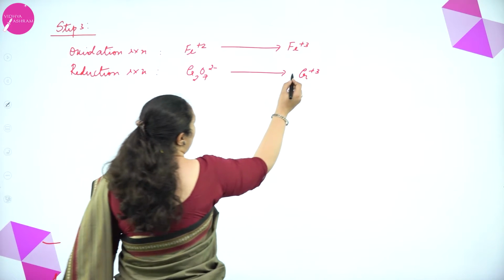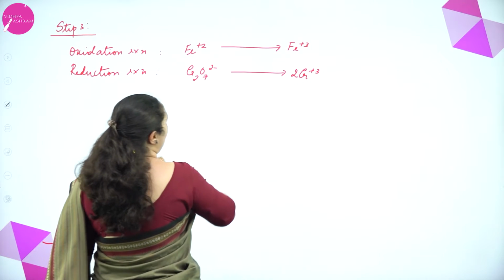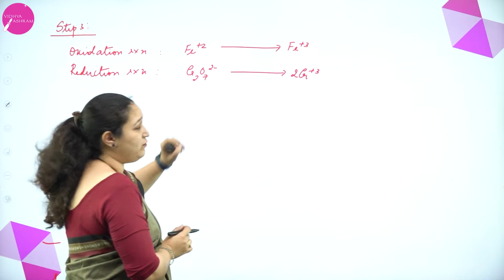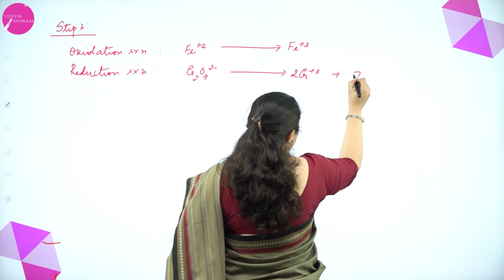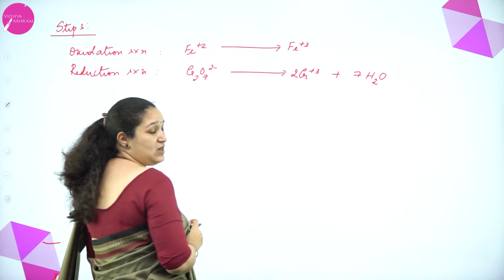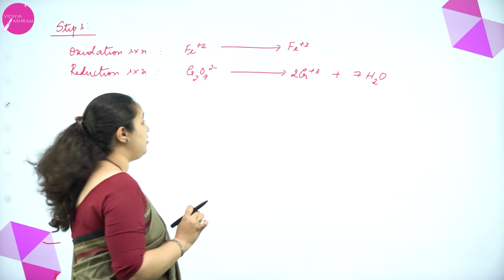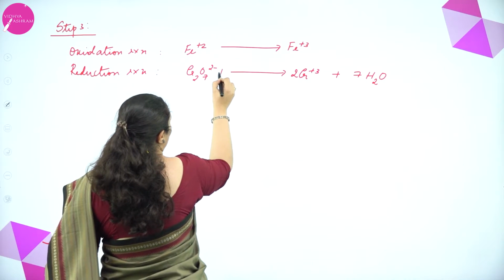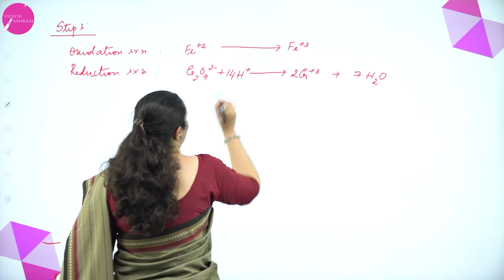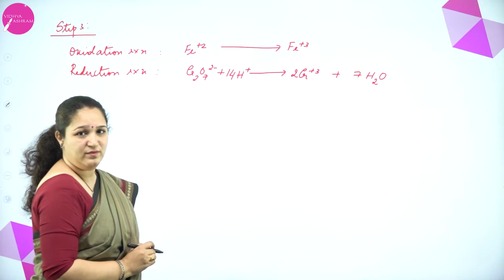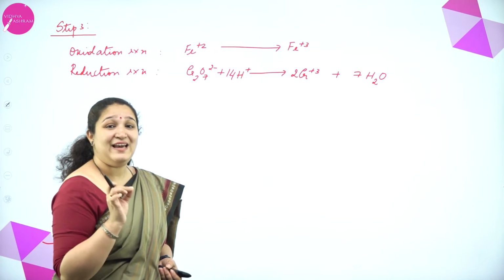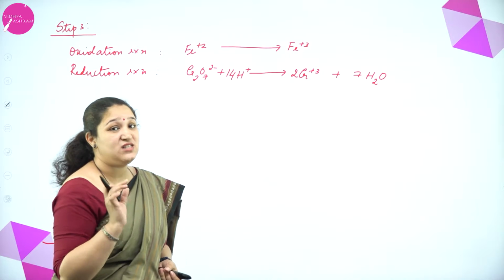First I will balance chromium here, then I have to add water. 7 oxygen atoms are there, so I will add 7H2O over here, and 7 2s are 14, so I will have to add 14 H plus ions here. Now next we have to add the electrons to balance the charge.